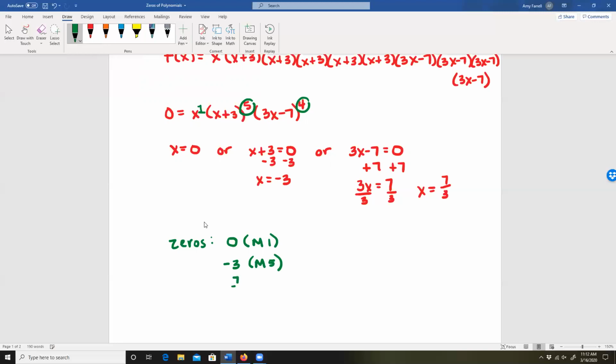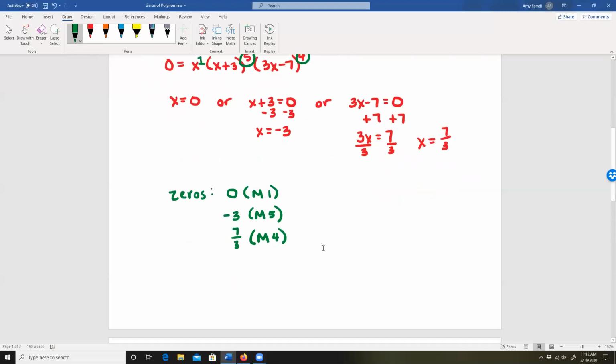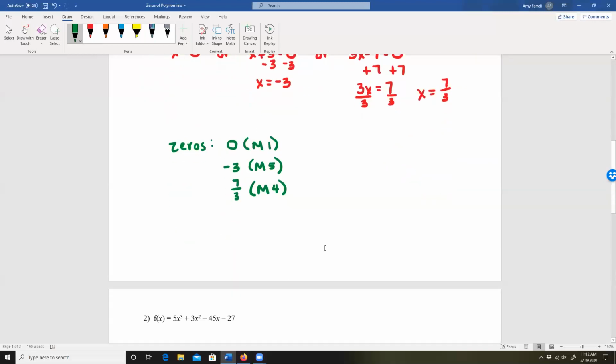And then finally, 7/3 is my last zero, and its multiplicity is 4. So by counting each zero the same number of times as its multiplicity, technically we do have 10 zeros.